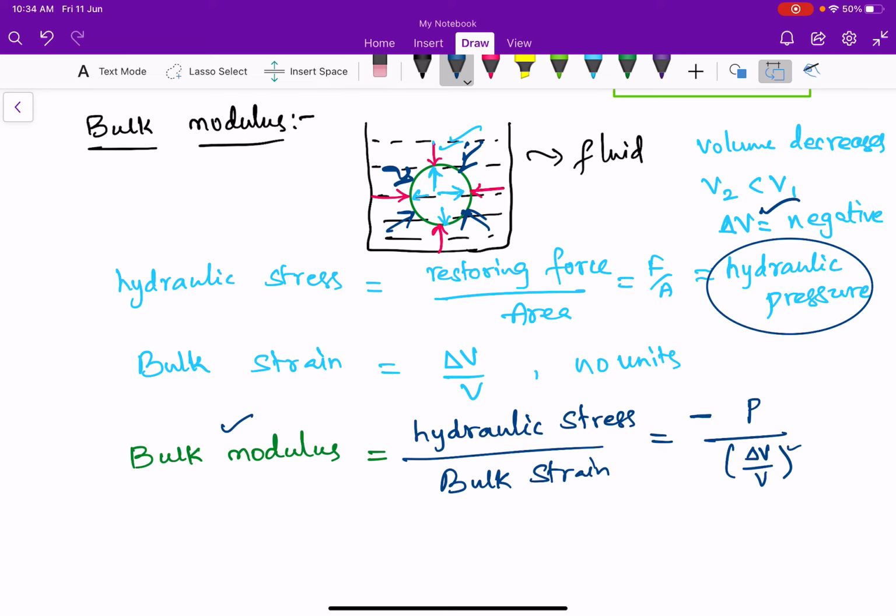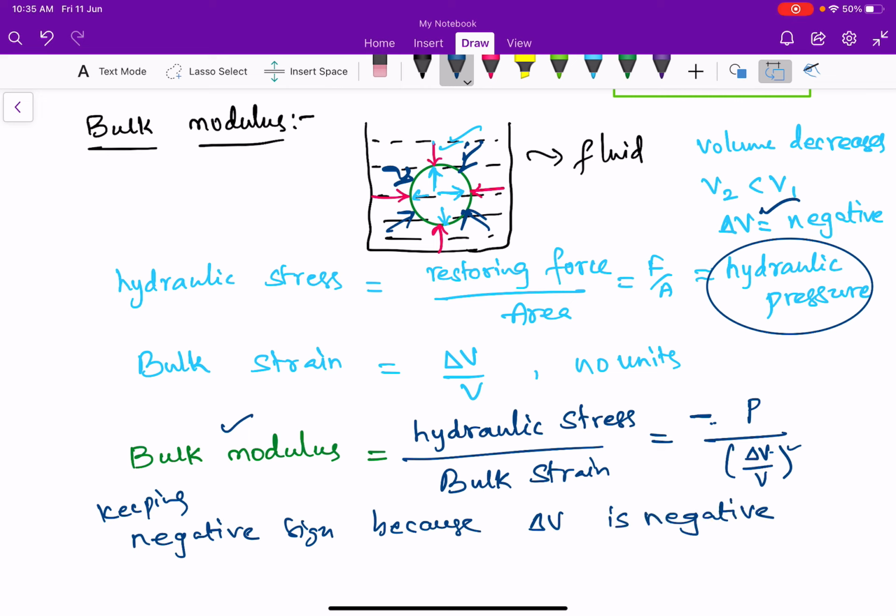If we keep a negative sign here, since the change in volume comes out as negative, negative of negative will become positive. So why am I keeping the negative sign here? Because delta V is negative, negative of negative will become positive.